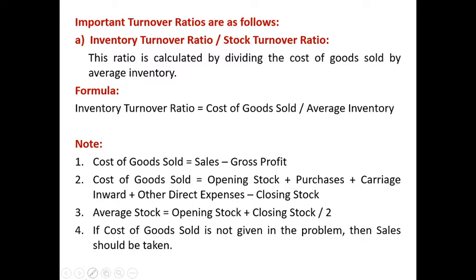Then the formula for average stock is opening stock plus closing stock divided by 2. If the cost of goods sold is not given in the problem, then we can take sales instead of cost of goods sold.